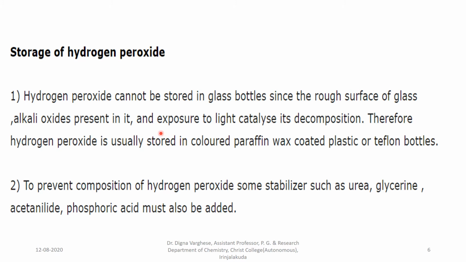Therefore, hydrogen peroxide is usually stored in colored paraffin wax bottles, wax coated plastic or Teflon bottles. To prevent decomposition of hydrogen peroxide, some stabilizers such as urea, glycerin, acetanilide, phosphoric acid must also be added in some cases.